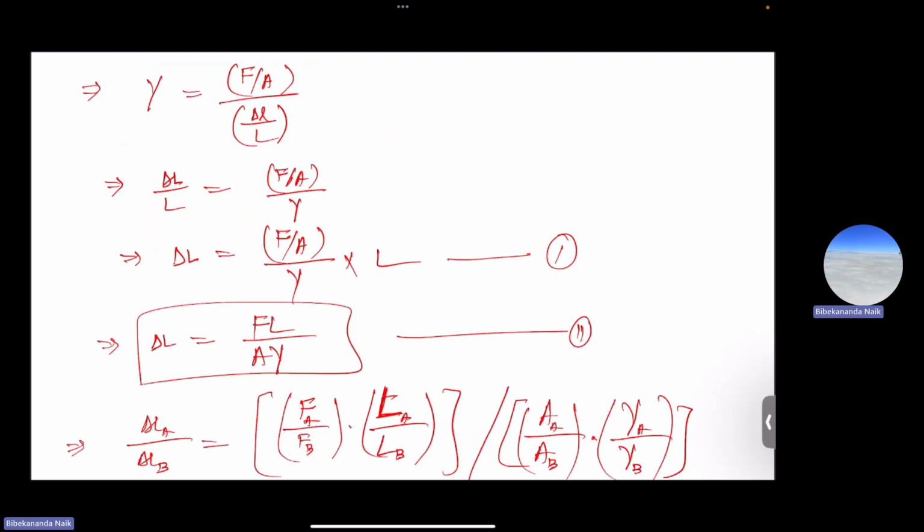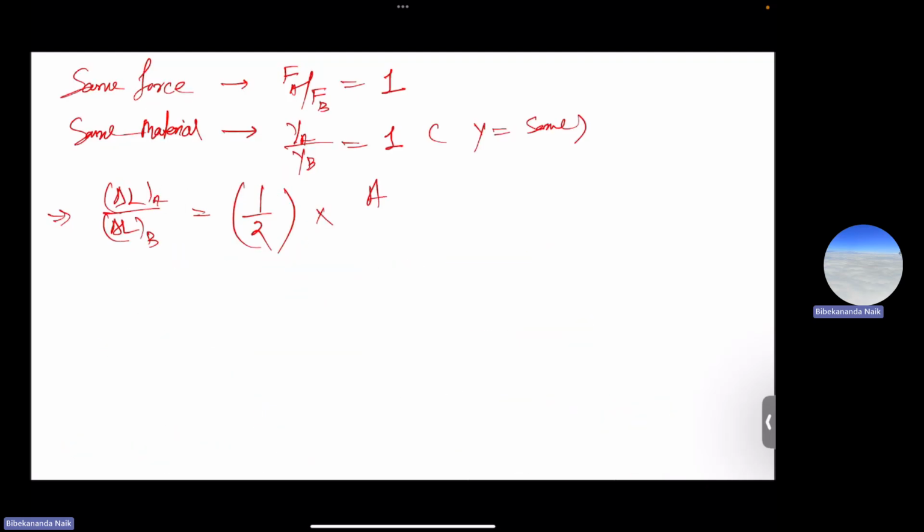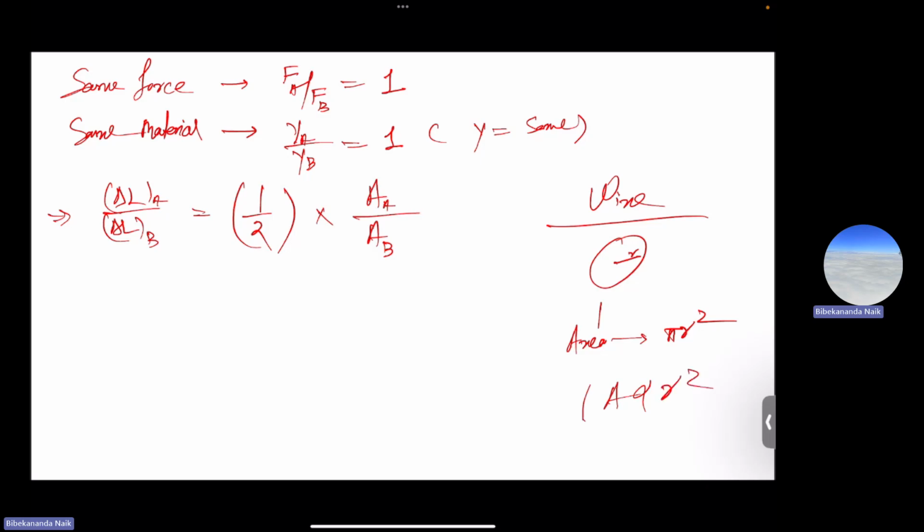Then the area ratio. For a wire, this is the cross section. So this is R. So area is pi R square. So A is directly proportional to R square.